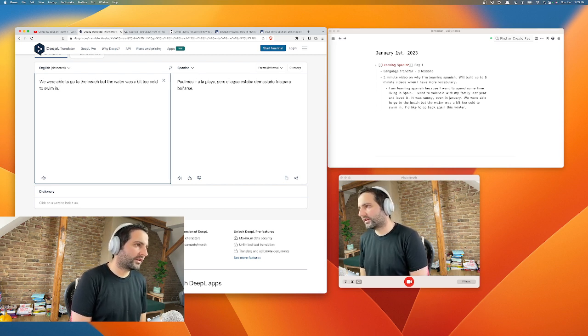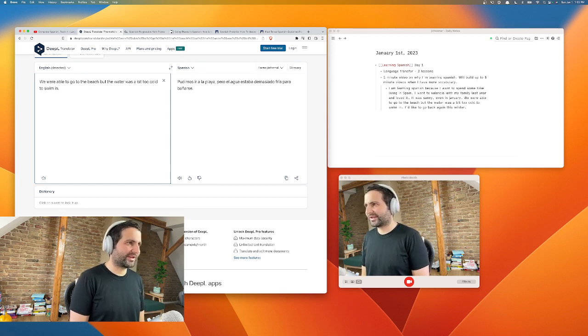Okay, pudimos ir a la playa makes sense to me, with my newfound knowledge of the preterite. I also need to watch a YouTube video or something to learn how to say preterite. Is that even an English word, or am I reading a Spanish word there?